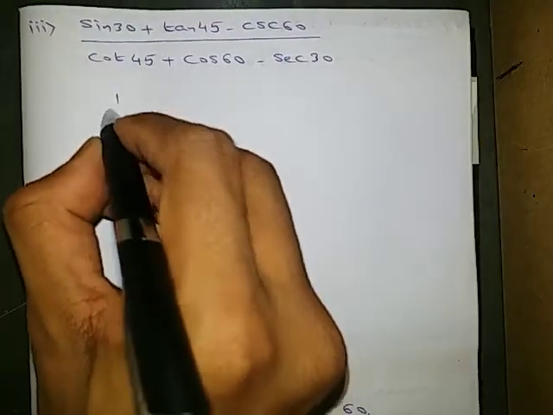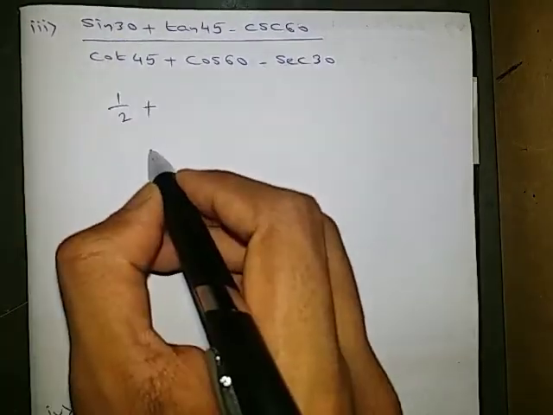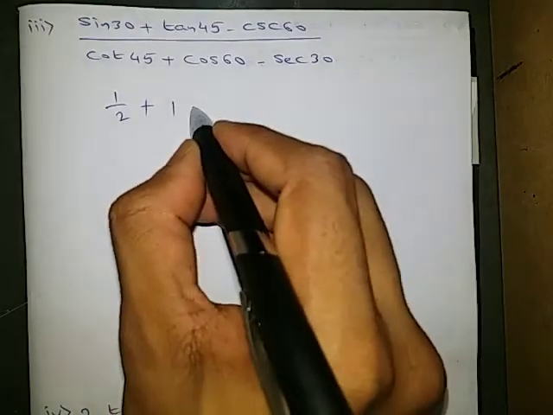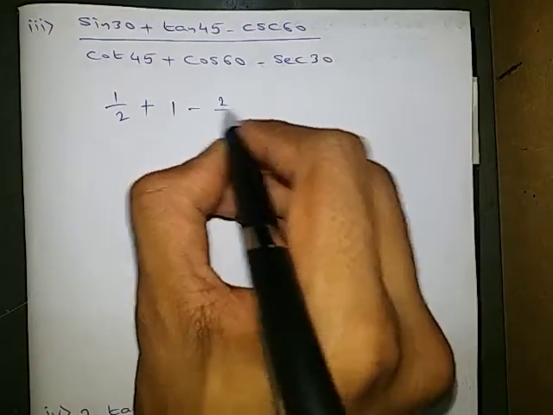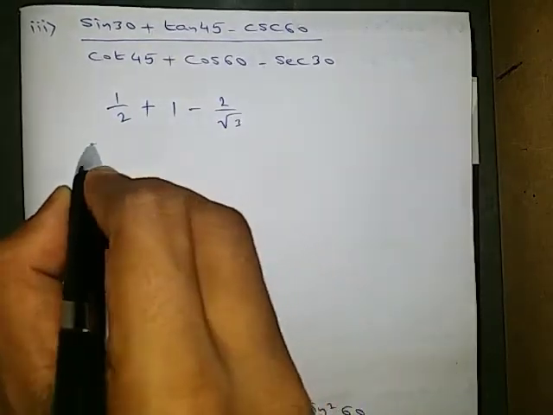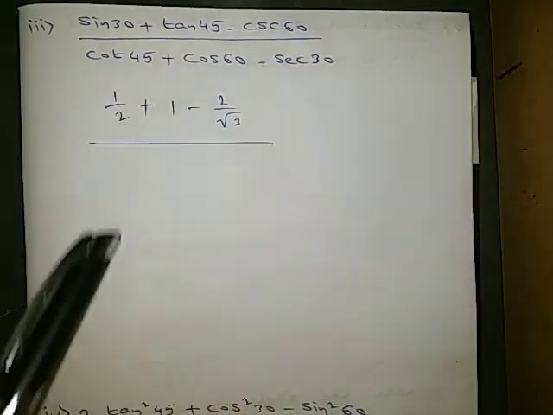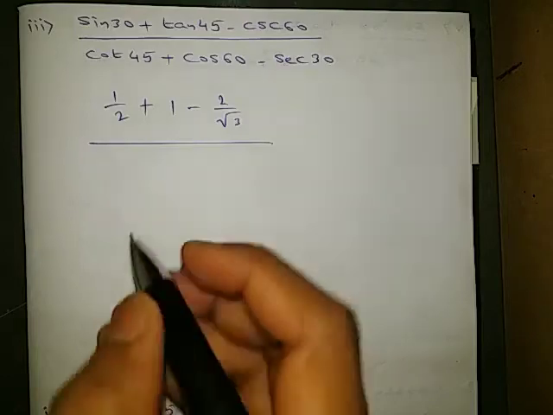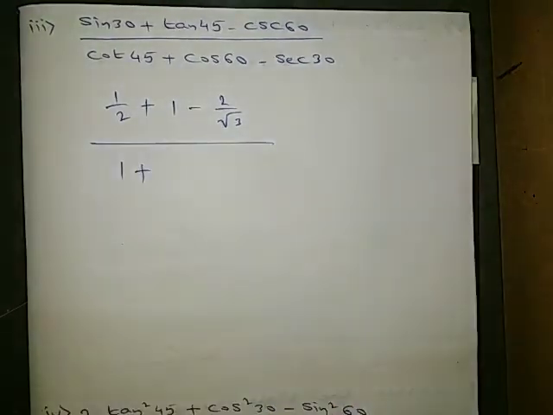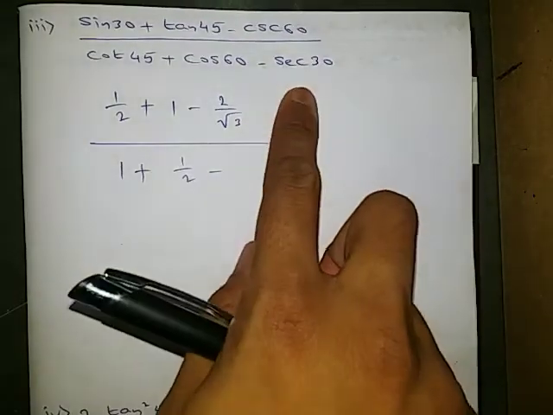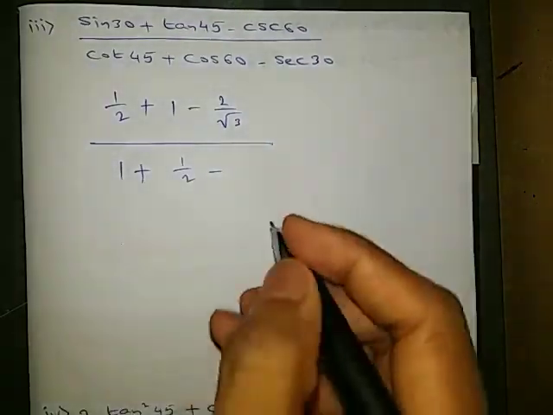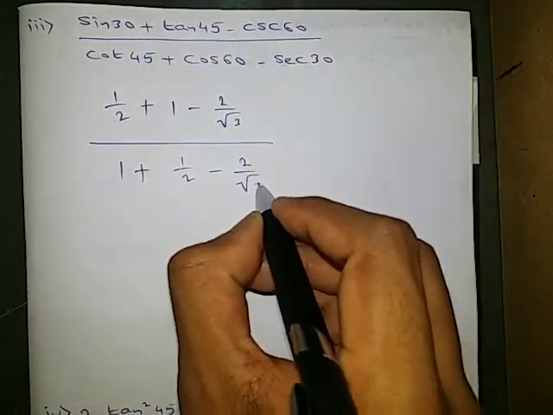Sine 30 is 1 by 2, plus tan 45 is 1, minus cosecant 60 is 2 by root 3, whole divided by cot 45 is 1, plus cos 60 is 1 by 2, minus secant 30 is 2 by root 3.